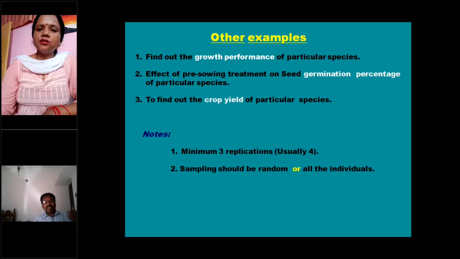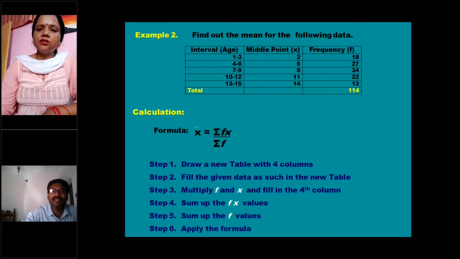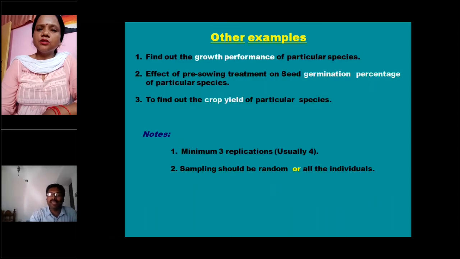When we collect as many samples as possible, or the entire individuals in a population, we will get the accurate mean value. As I said earlier, the mean value is affected by extreme data values and sampling fluctuations. So in order to avoid that, we have to collect as much data as possible, measuring individuals, maybe the leaf length or the petiole length or the lamina diameter or whatever it may be.